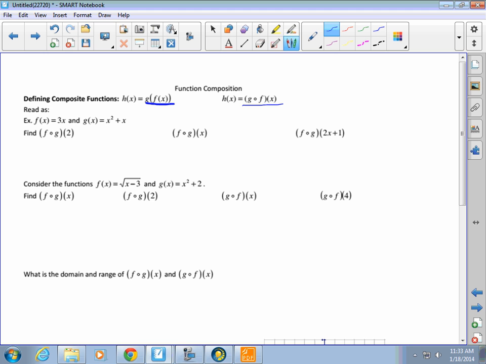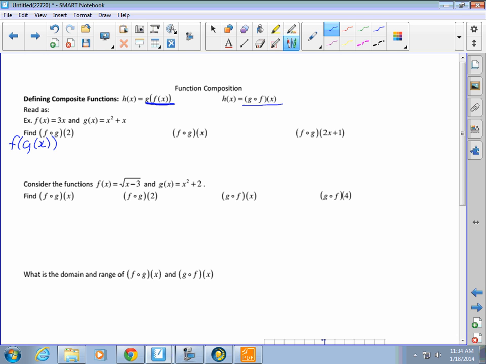So if we want to find the f of the g of 2, the first thing we need to do is substitute, so we can put in our function composition. This can be written as f of g of x.